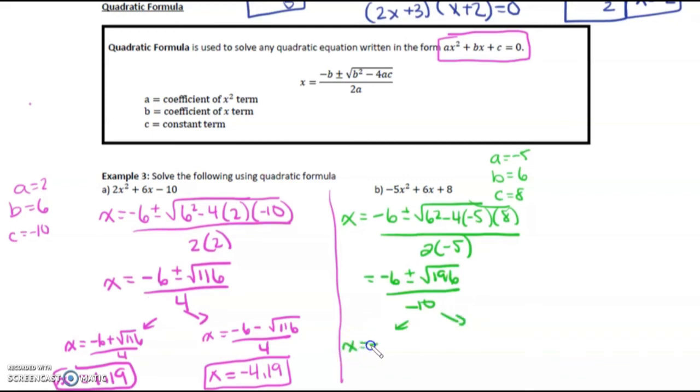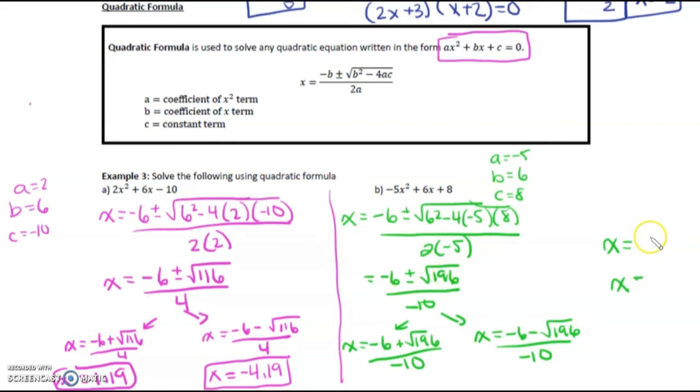So we know x is going to equal negative 6 plus root 196 over negative 10, and x is also going to equal negative 6 minus root 196 over negative 10. Okay, so negative 6 plus root 196 divided by negative 10, I get negative 0.8. And I get 2.